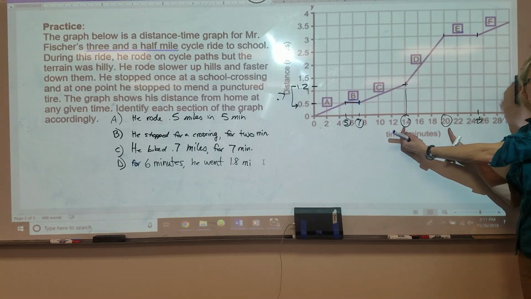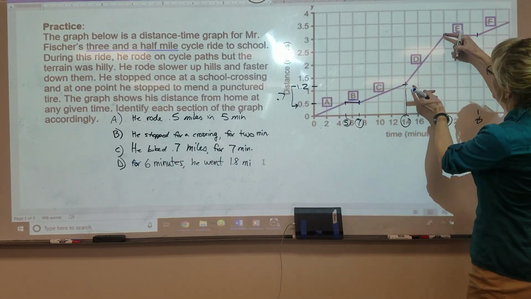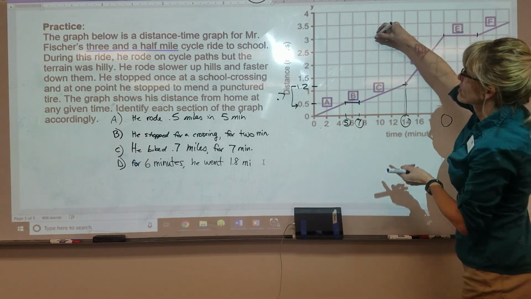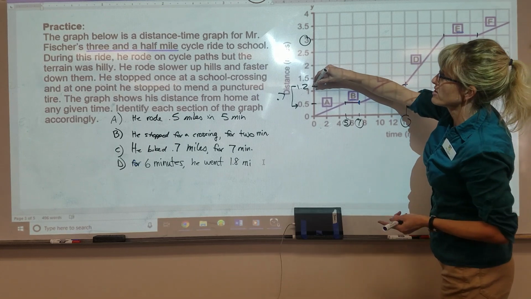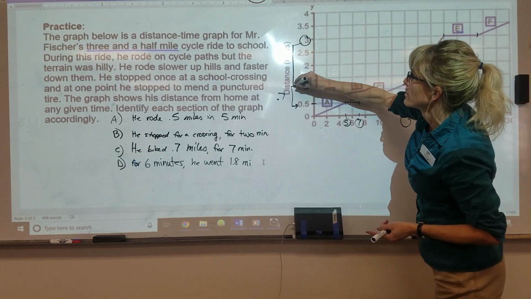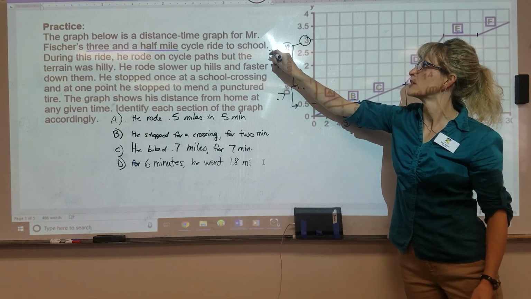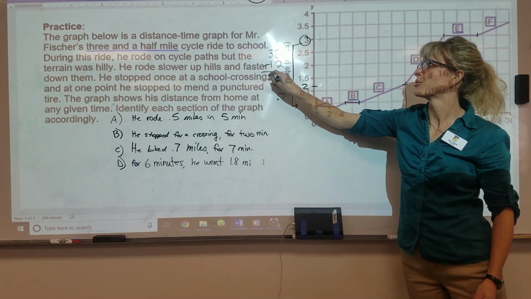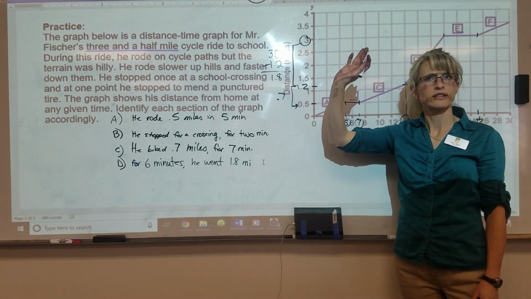So you went 20 minus 14 to get your 6 minutes. Good. And then you went 1.8 miles. You took this 3 miles, and he was at 1.2. So you did 3 miles minus 1.2 to get your 1.8. Okay, excellent. How many of you had that? Raise your hand. Okay, good.